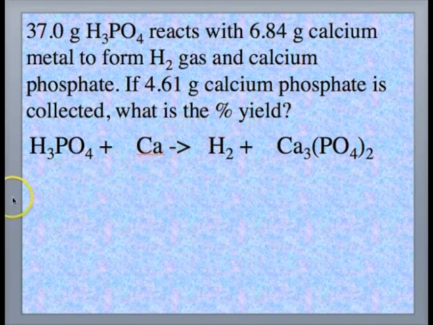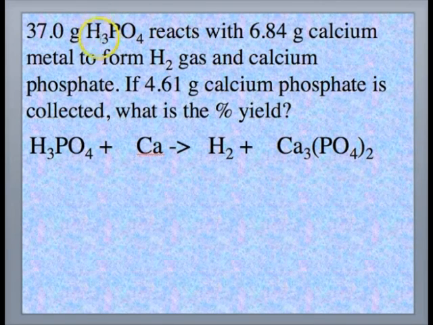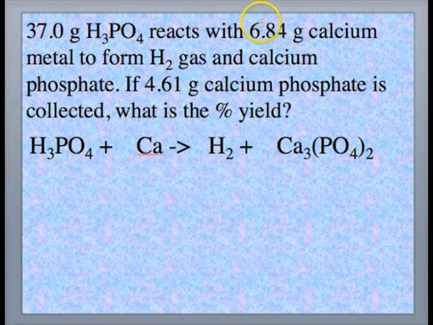So this is a limiting excess problem. You are starting with an equation that's not balanced. You have to balance this equation first. Then you have to decide which is the limiting reagent, the phosphoric acid or the calcium metal. And you would do that perhaps by this new shortcut method that I just taught you.